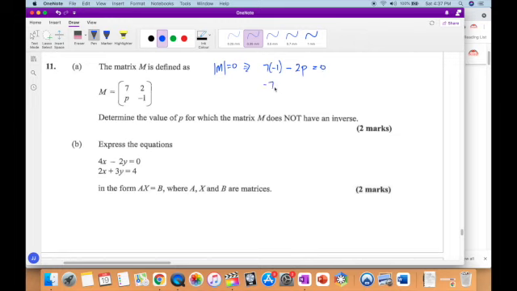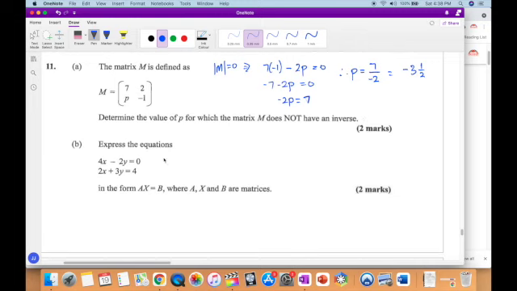So -7 minus 2P is equal to 0. -2P is equal to +7. Therefore, P is equal to 7 on -2, which is -3.5. Alright, so P is -3.5.